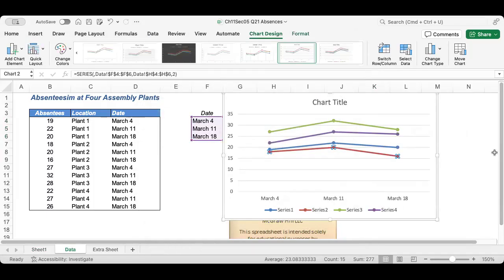And again, I can clearly see, oh yeah, the third column, plant number 3, is at the top no matter what day it is. Plant number 4 is under that no matter what day it is. 1 and 2 are the lowest by a clear, distinct margin. So which plant I'm at is definitely a factor.